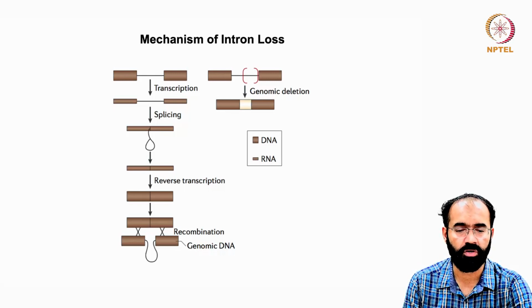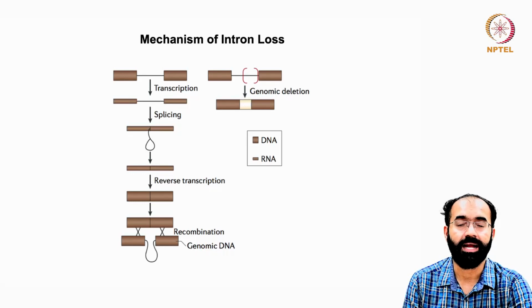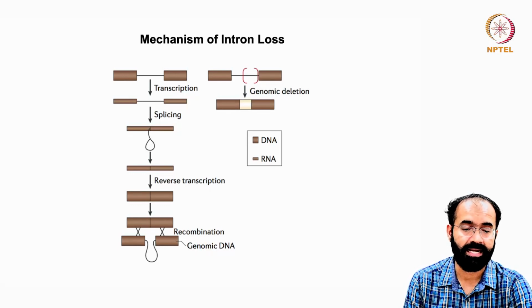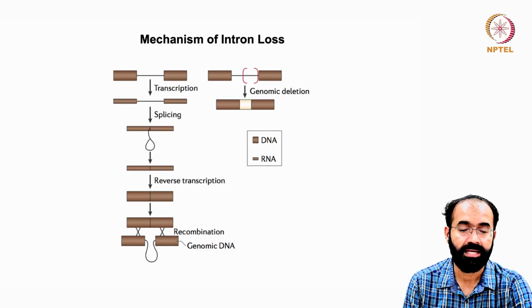This is an exon, this is another exon, this is an intron, and transcription takes place. This is fat because it is a representation of the DNA. Once transcription takes place, it has a single stranded exon and an intron, and the splicing takes place and you end up getting exon-exon fusion and the intron is removed.